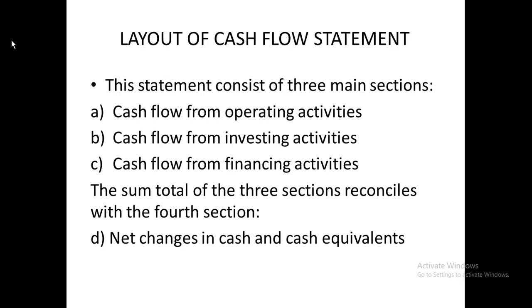Let's go to the next one, cash flow from investing activities. We know that as businesses, we don't just wait for cash flow from operating activities. If we happen to have extra cash, we have to invest elsewhere. It could be investing in the bank or investing in assets, buying property, equipment, etc. So the income which we get from such investment will have to come under this heading.